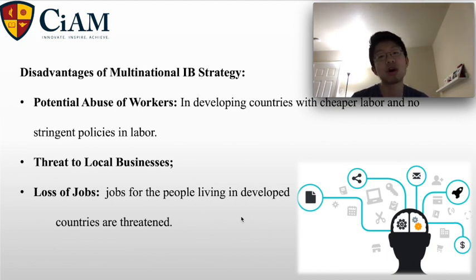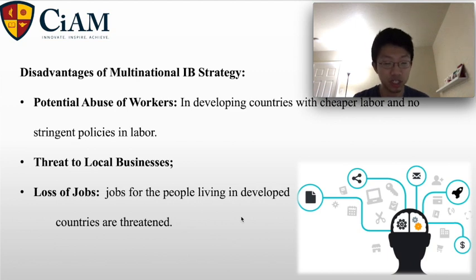One great example of that is the United States, which transferred tons of manufacturing jobs to East Asia, like China before and Indonesia and India right now, which has made the local job loss rates pretty high since the transfer. So this is another major disadvantage of the multinational international business strategy.